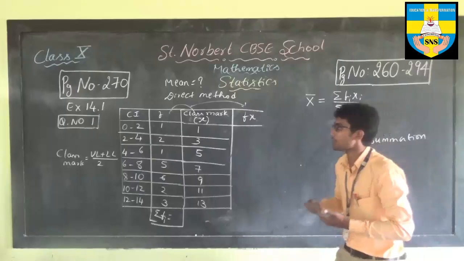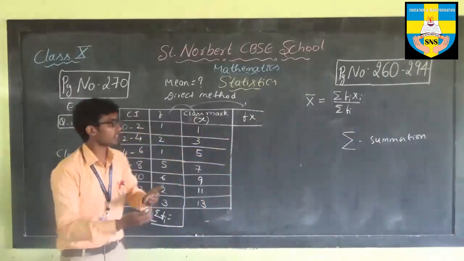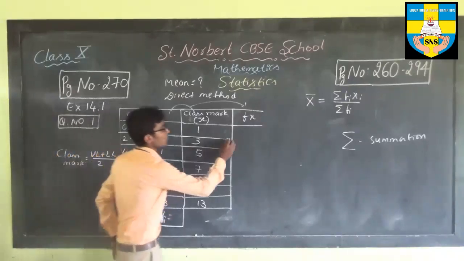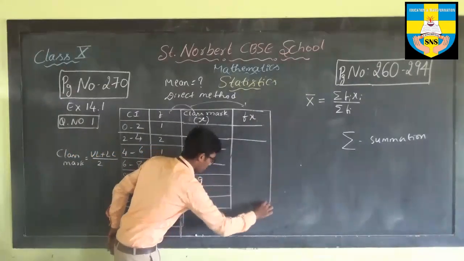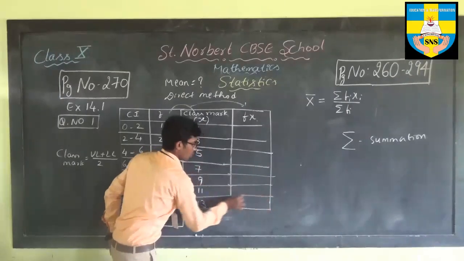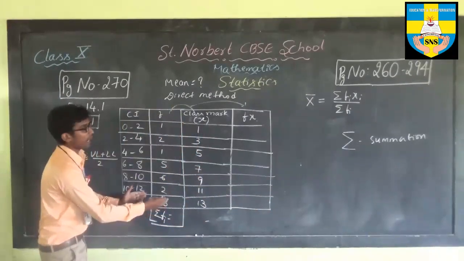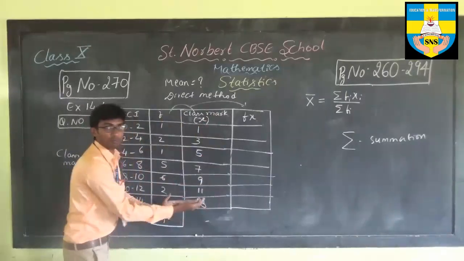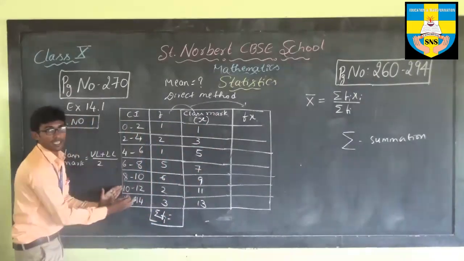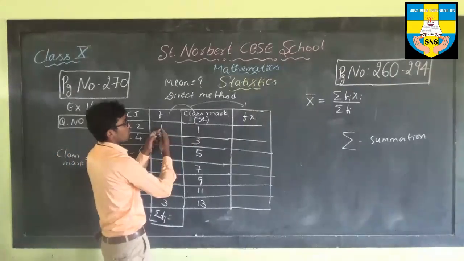You require a little bit of practice. After you solve many problems, all these things will become very familiar for you. Remember, you need to multiply two columns. The f column is already given in the question. The x column is not given in the question; it is calculated from the class intervals. Multiply 1 into 1.